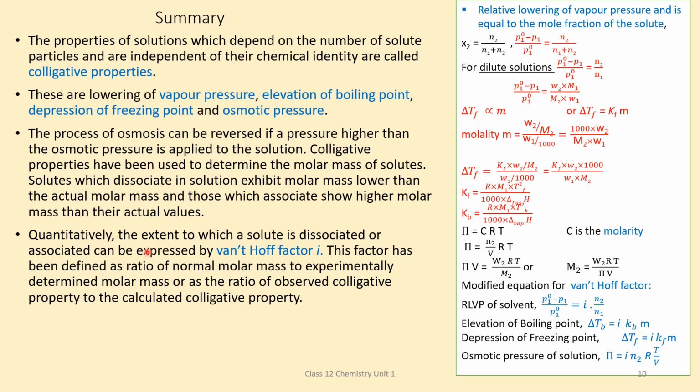Quantitatively, the extent to which solute is dissociated or associated can be expressed by Van 't Hoff factor i. This factor has been defined as the ratio of normal molar mass to experimentally determined molar mass, or as the ratio of observed colligative property to the calculated colligative property.